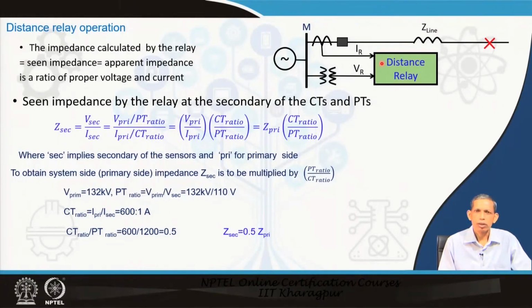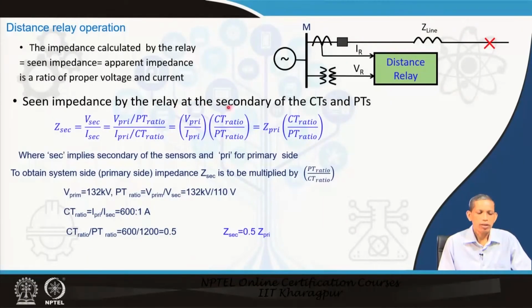This so-called positive sequence impedance calculation by the relay, up to the fault point, is obtained by a proper voltage and current ratio in a selective way.